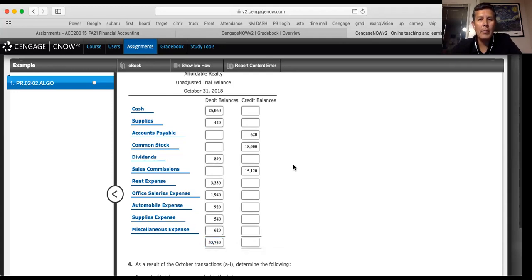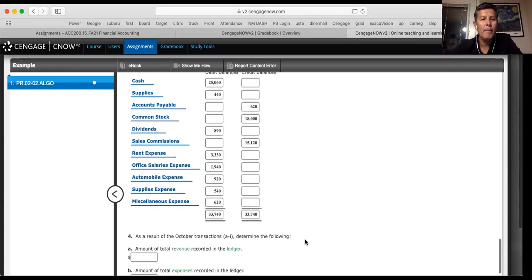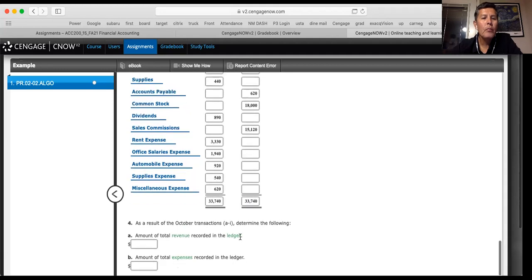Okay, so that's our debit. Now we have to add up our credits. 620 plus 18,000 plus 15,120 equals, oh my goodness, 33,740. So notice that they balance. They balanced.